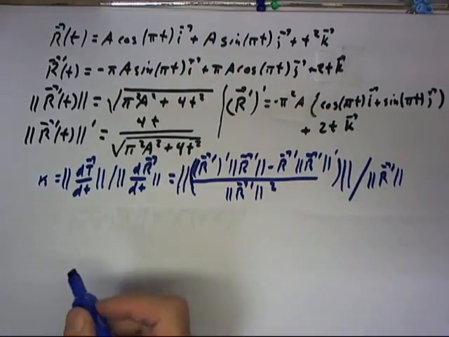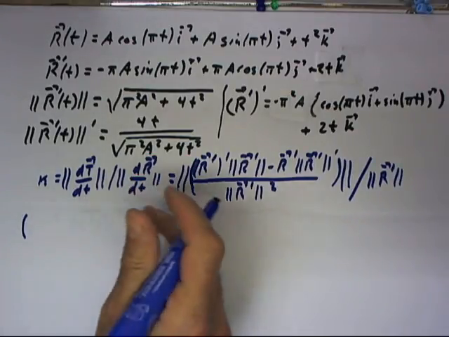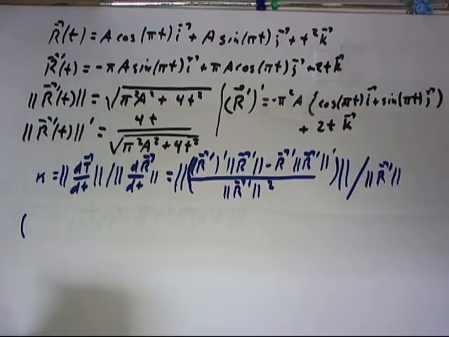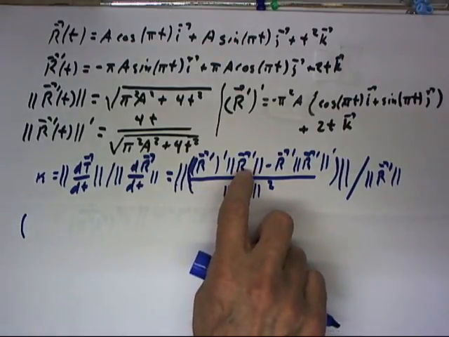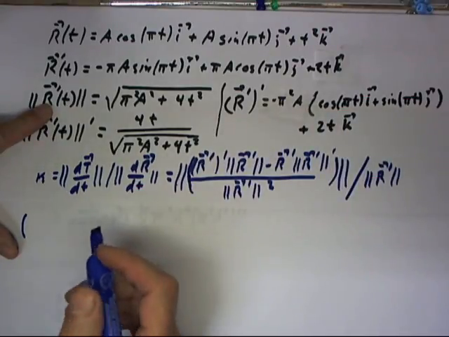So I want to first write down what we're contributing from this expression to the i component, and that is, again, magnitude of r prime times r double prime.